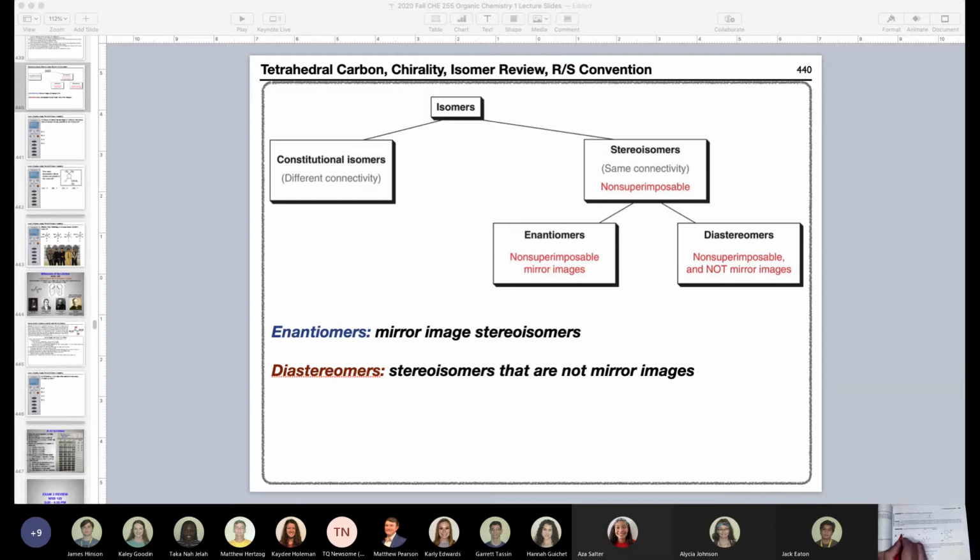He says propyl, ethyl, methyl, and hydrogen. So the hydrogen's not shown. Let me put it in. So there we go. Propyl, ethyl, methyl, H.